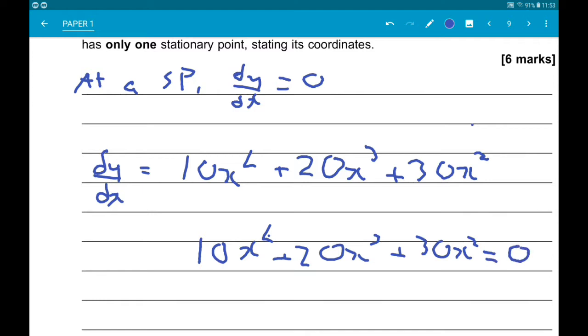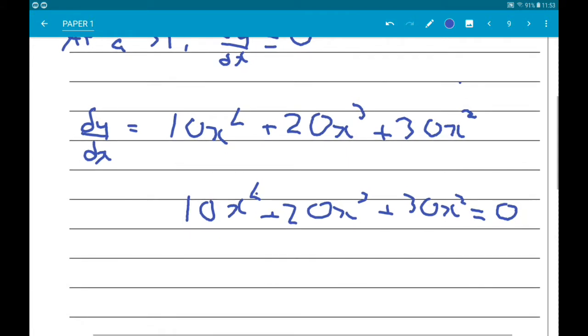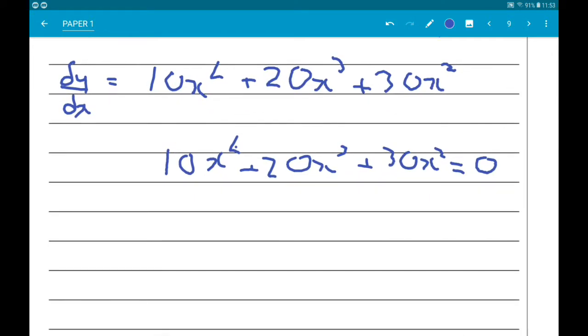Next, we now want to try and solve this for x. Now there's a common factor of 10 running through, so we can divide that away. So we're going to get x to the power 4 add 2x cubed add 3x squared is equal to 0.